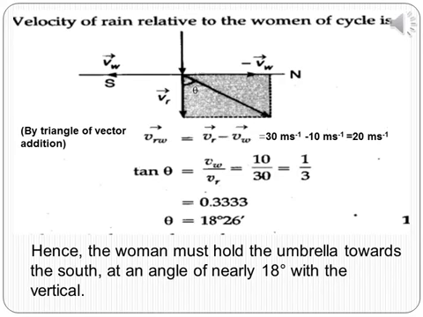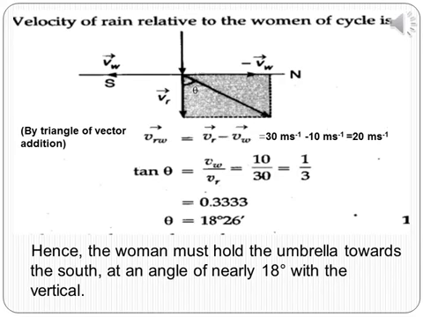Then, in what direction should she hold her umbrella in order to protect herself from the rain? This is obtained by using tan theta equal to the opposite side divided by the adjacent side of the shown right triangle, equal to VW divided by VR, equal to 10 by 30, equal to 1 by 3.